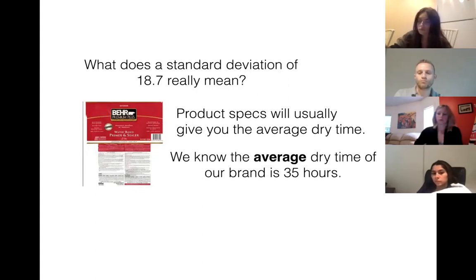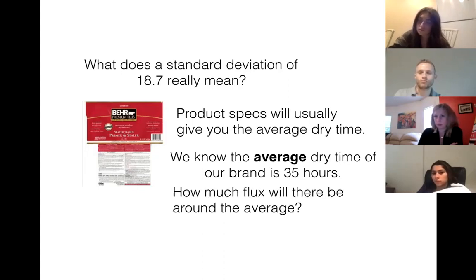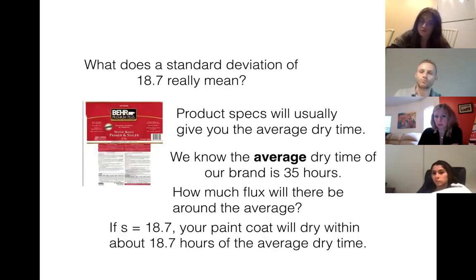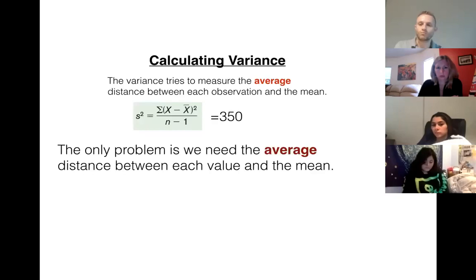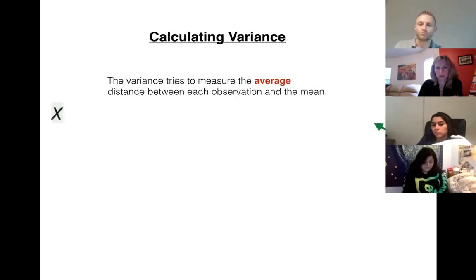Questions on anything yet? Okay, seems like we're doing all right so far. And we talked about it, standard deviation is telling us how much flux there is on the average, how to interpret the 18.7.